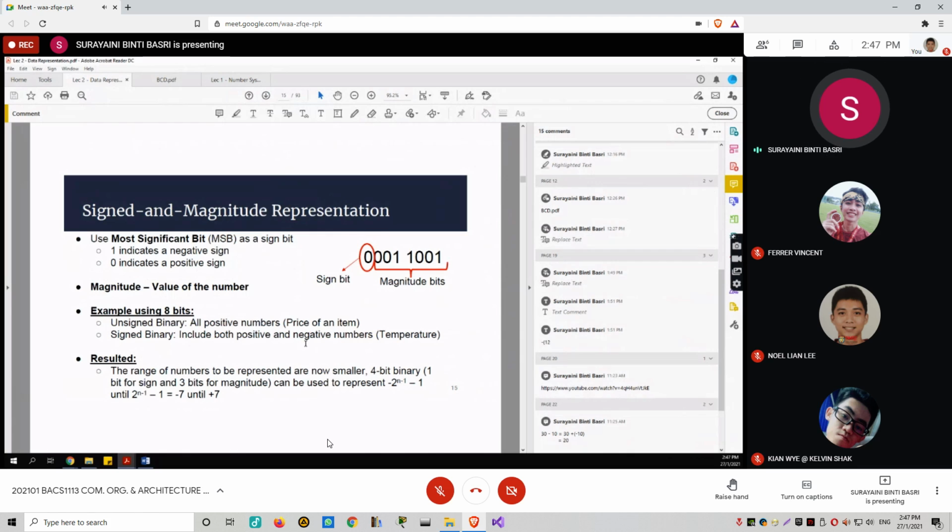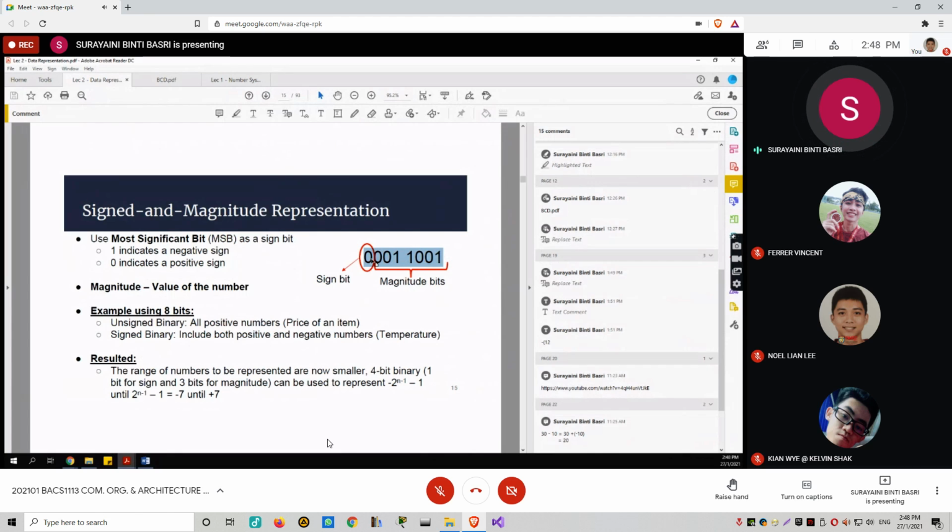This is actually easy. When you have this binary number and you want to indicate whether it is positive or negative, the computer doesn't understand negative, because it only understands 1 and 0.